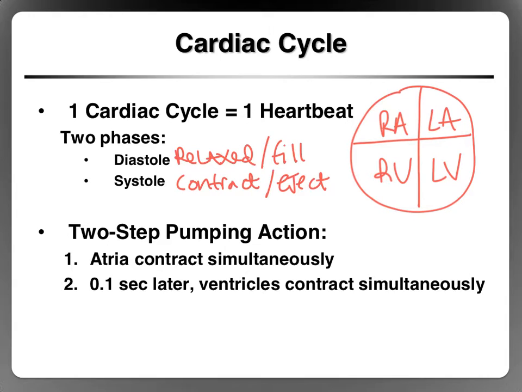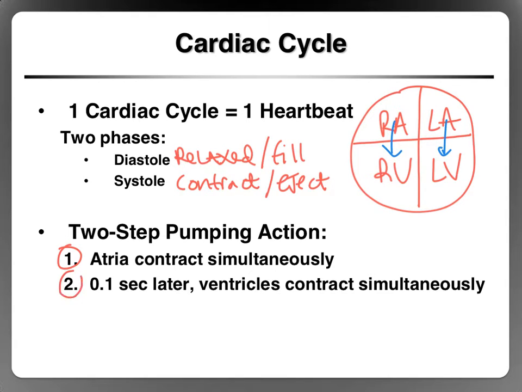And the heart contracts in a 2-step pumping action. So the atria contract together at the same time. When they contract, they squeeze, which sends blood into the ventricles. The ventricles fill.